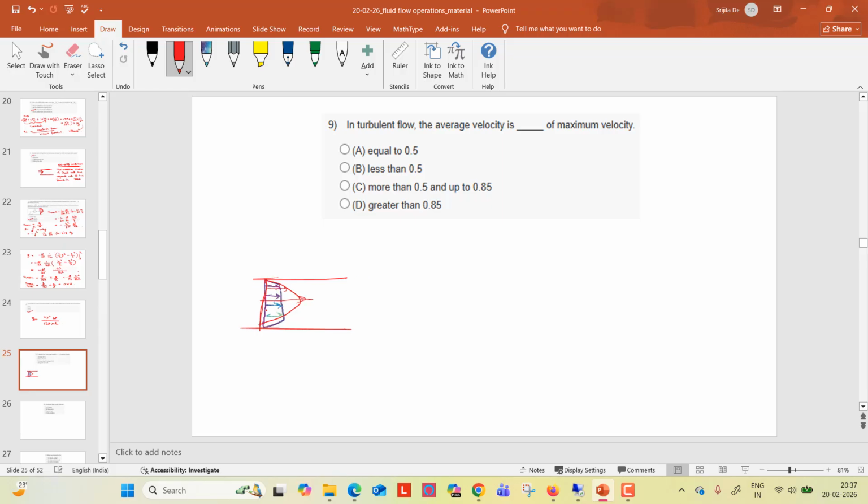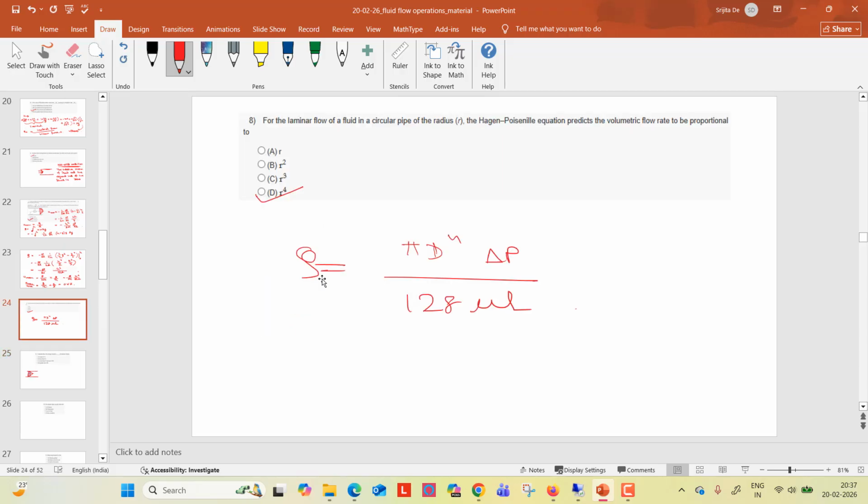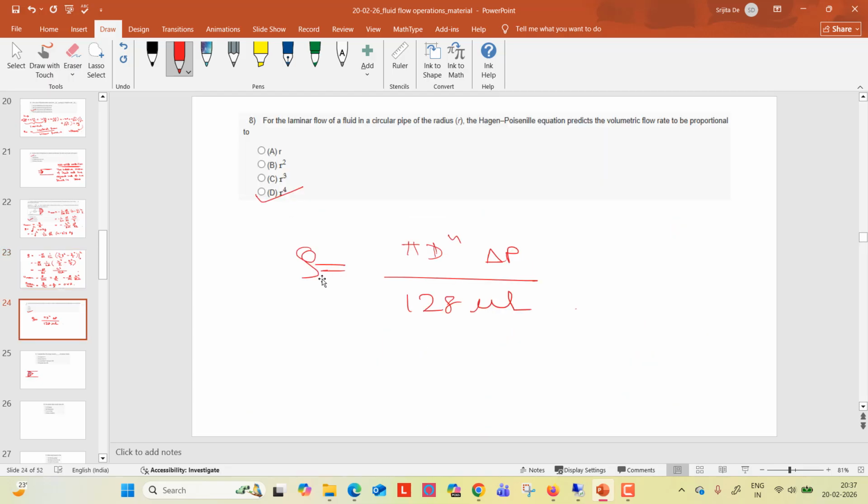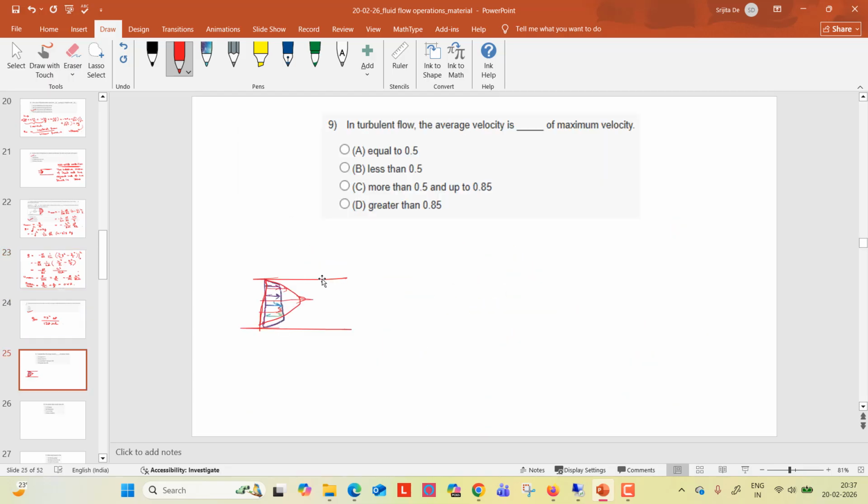So in case of laminar flow, the average velocity is 0.67 of the maximum velocity. In case of turbulent flow, it is more than 0.5 and up to 0.85. Okay.